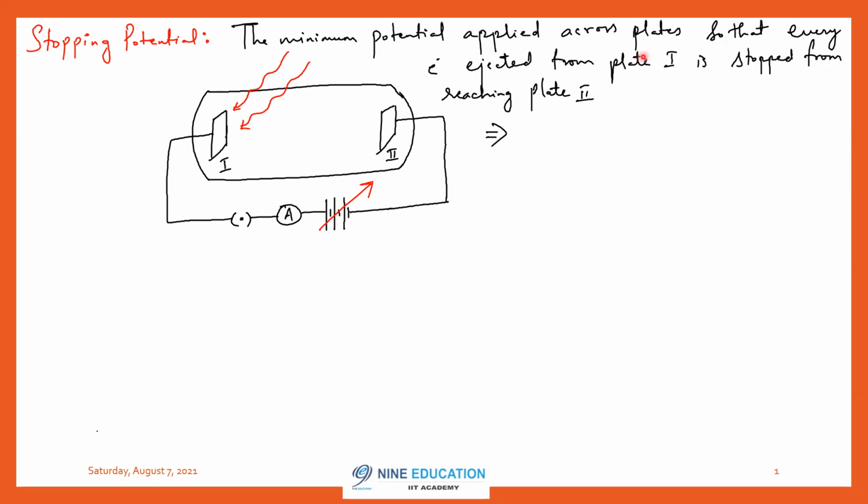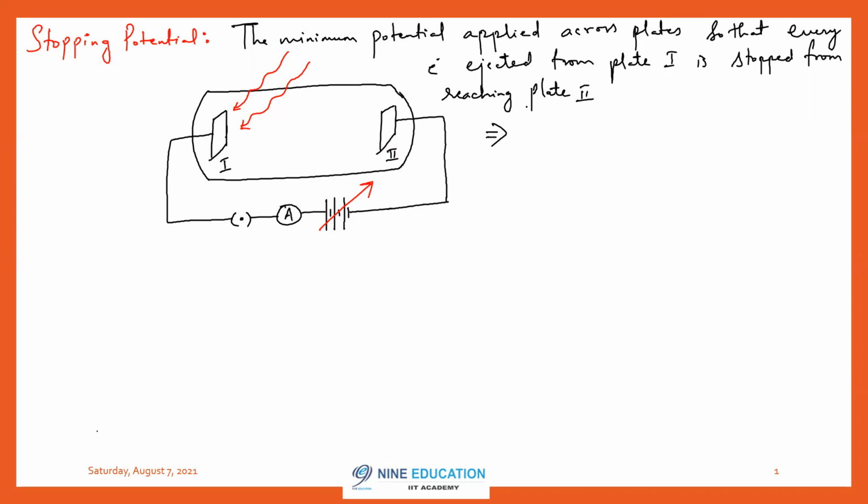I want to replace this complete statement with a simpler statement. Can I say that the electron with maximum kinetic energy should be stopped from reaching plate 2? Because that covers everything. If the electron with maximum kinetic energy is stopped, then every other electron is stopped.